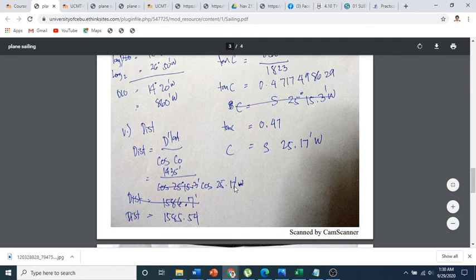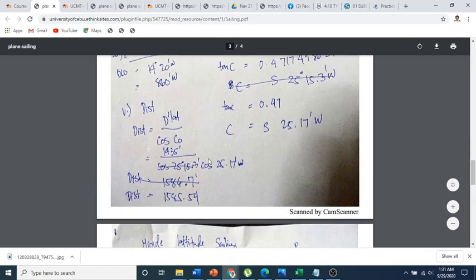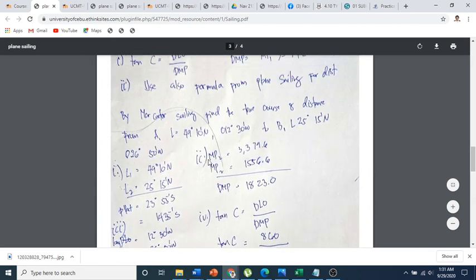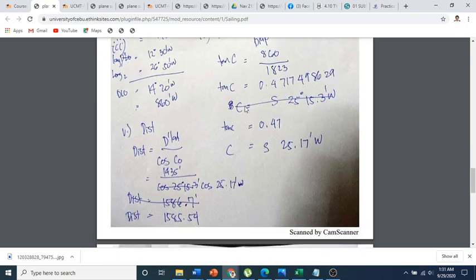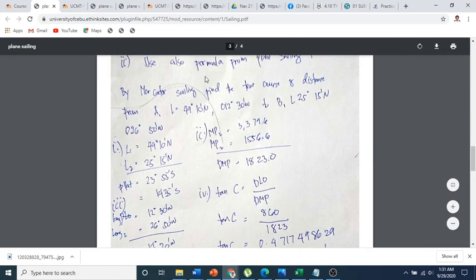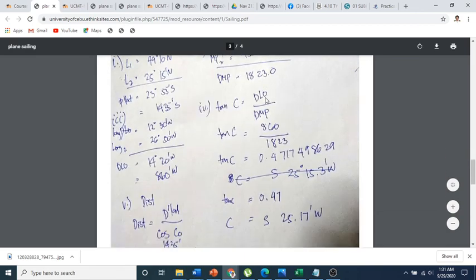By calculation, you get the distance. So we already answered this, the true course and the distance. This is the course and this is the distance. Again, you just refer to this formula, and MP you can take from the table.